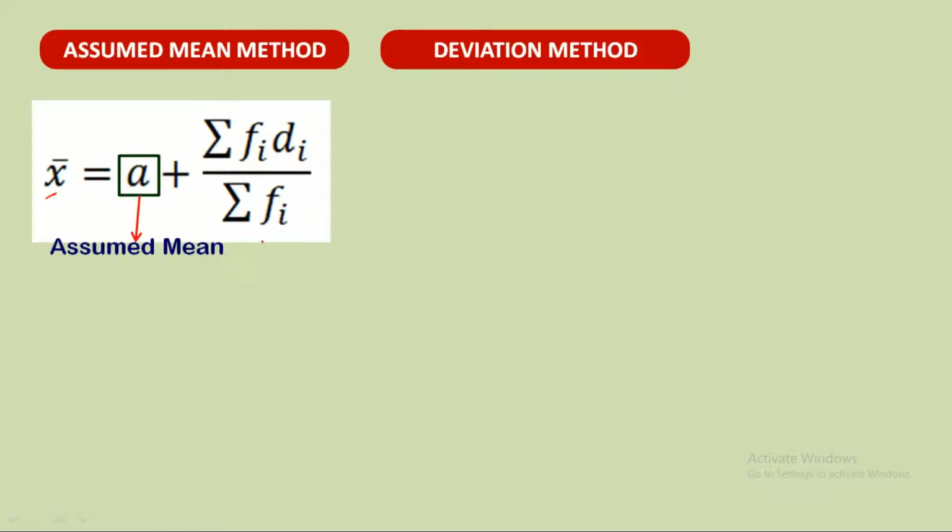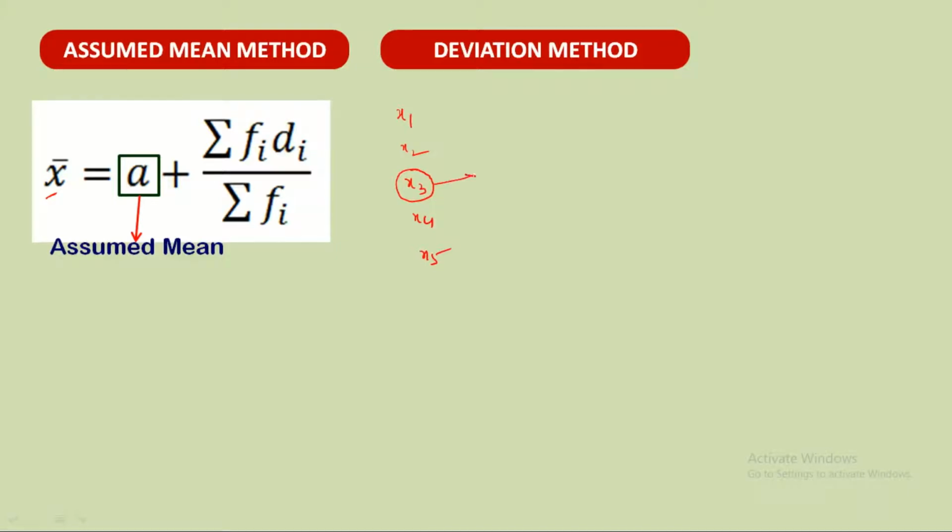What is this assumed mean? Out of the given class marks like x1, x2, x3, x4, x5, we are going to choose the one which is in the middle of the values.